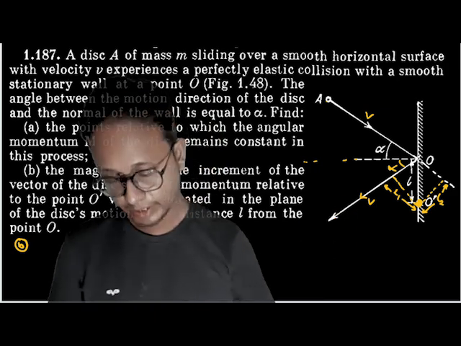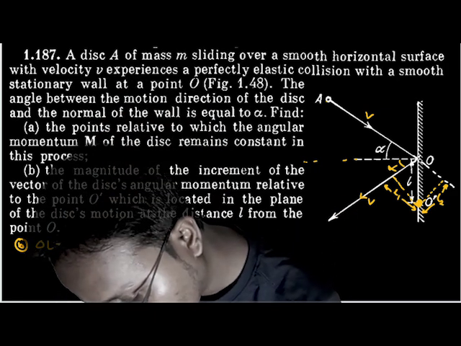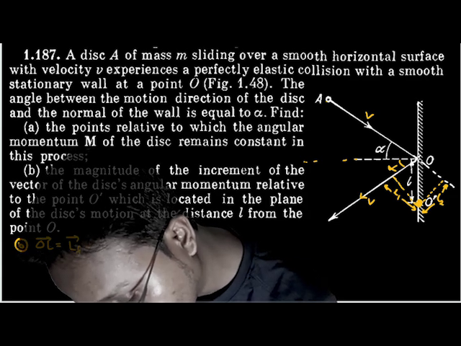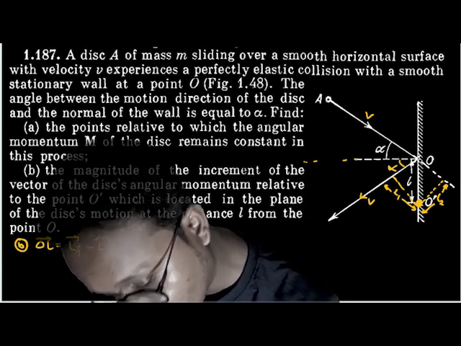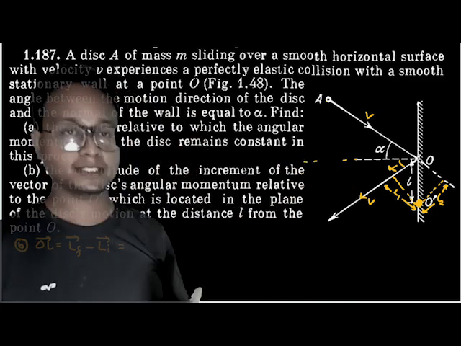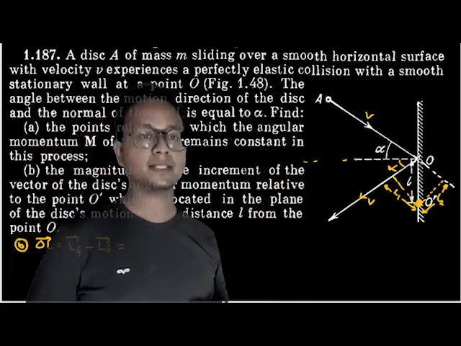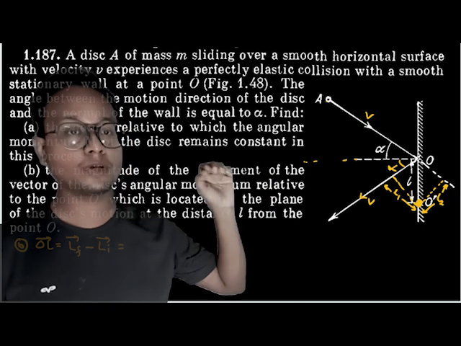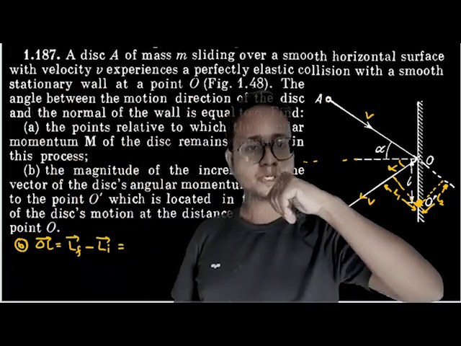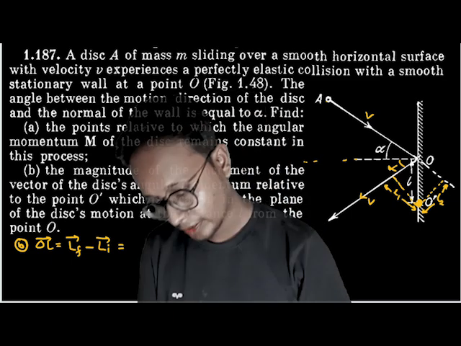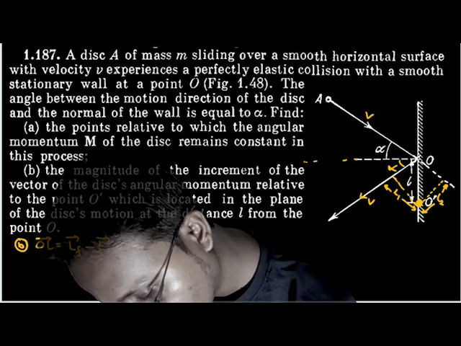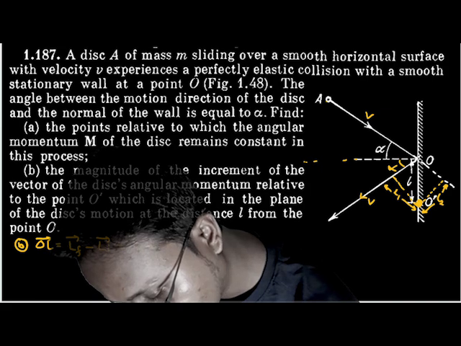So the change in angular momentum is the final angular momentum vector minus the initial angular momentum vector. What is the final angular momentum vector? If you consider this direction as negative z-axis, this direction should be positive z-axis. So the final angular momentum is L1 times V in the positive K direction.